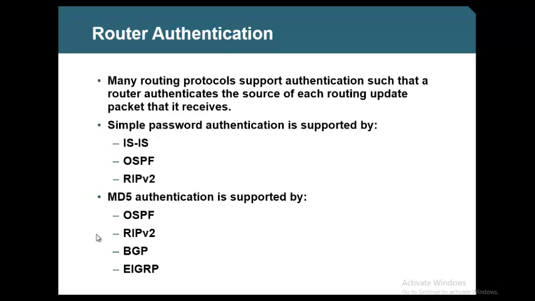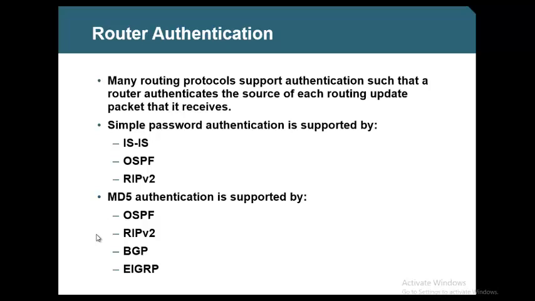EIGRP supports only MD5. MD5 is sending a hash of the password instead of the password. So when we send a packet, along with the packet we need to send the password. When we send the password, the receiver compares our sent password with his local password.